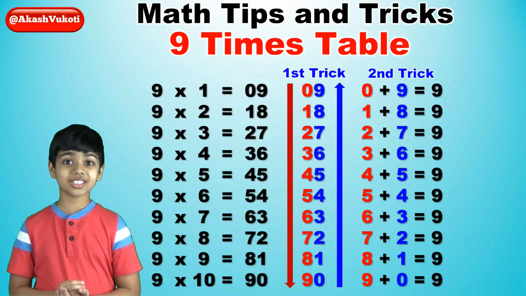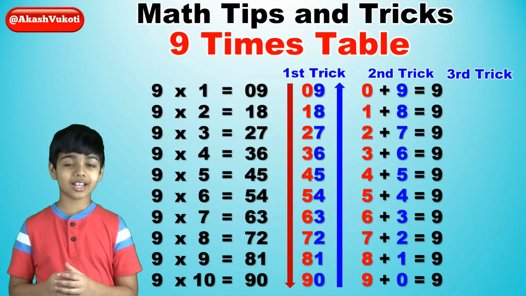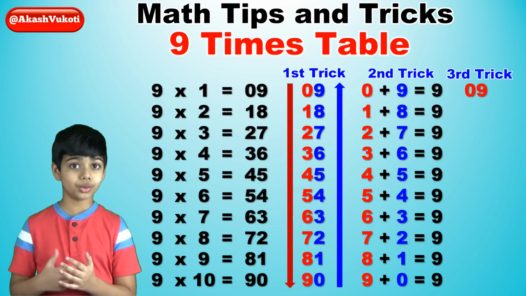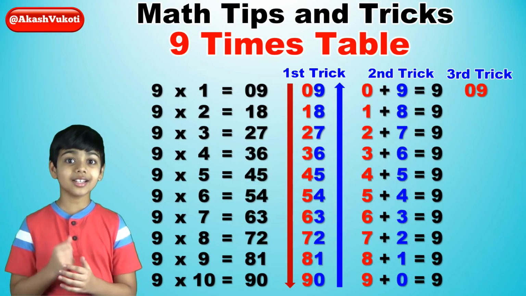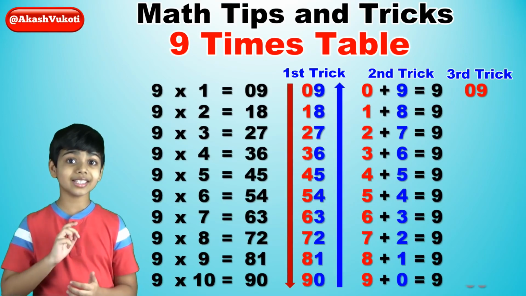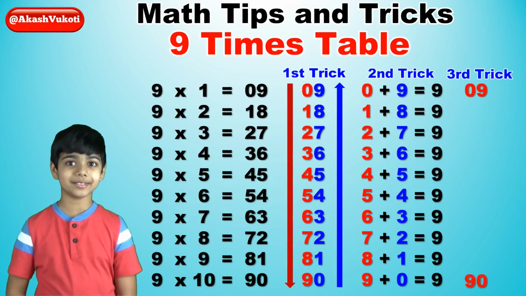The third trick is that you'll notice that 9 times 1 is 09, or 9, and 9 times 10 is the reverse, 90.